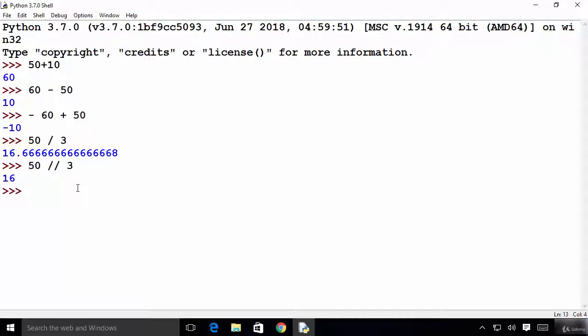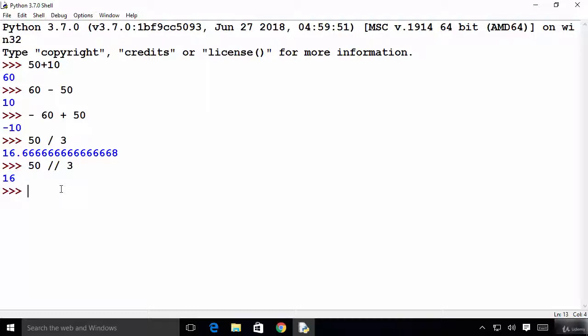This type of division is also called floor division, in which you get the whole number as the answer and the decimal value is truncated. If you want the exact value out of the division in decimal values, use the single / operator. If you want to do the floor division, then use these two / symbols.